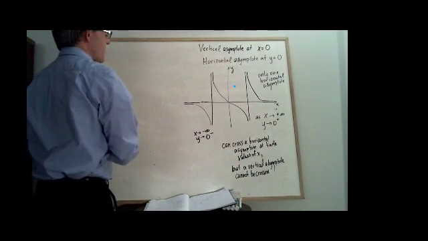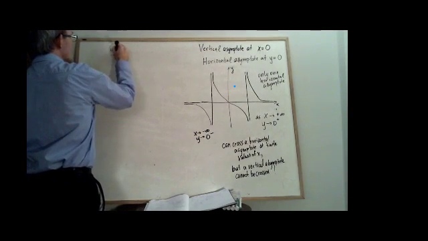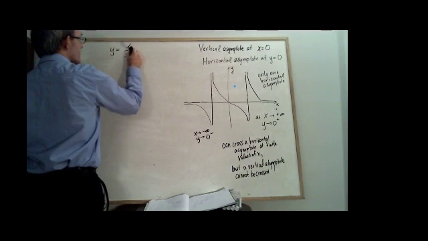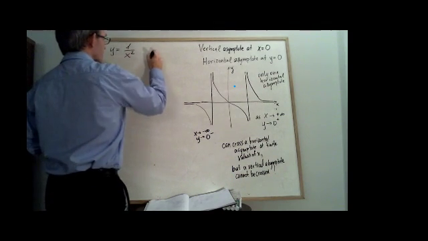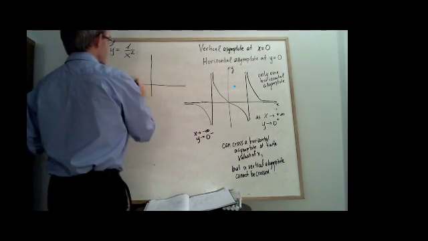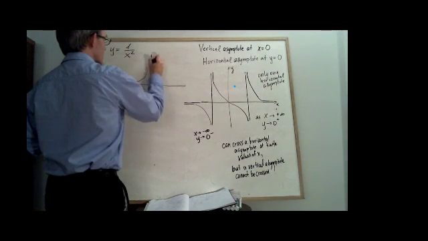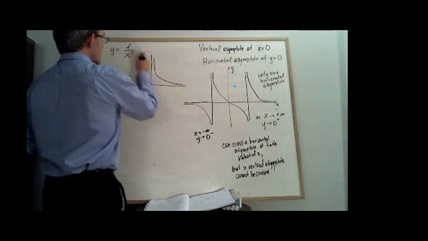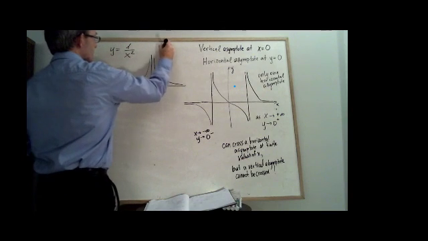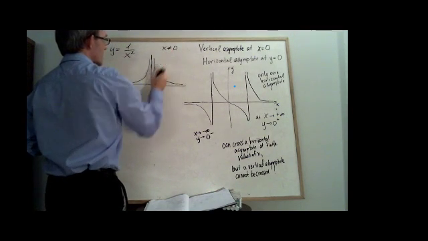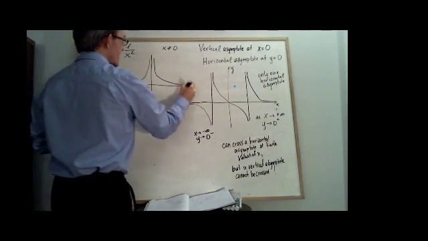Another example. y is equal to, this again is from our Chilkov function, 1 over x squared. What that looks like is, it's always a positive number. Again, x cannot be equal to 0, so this point is excluded from the domain.